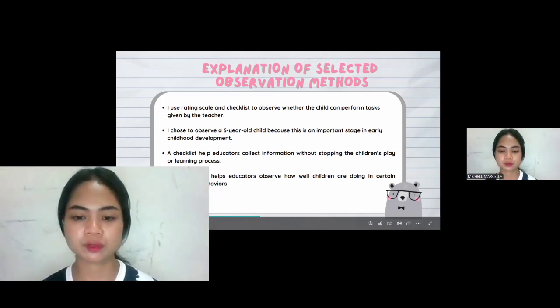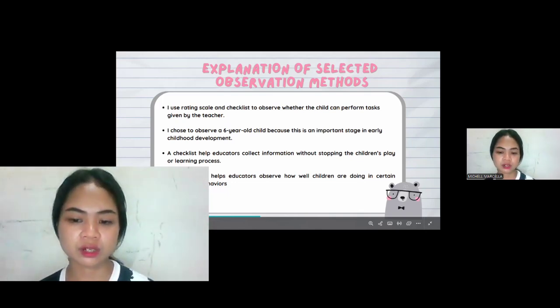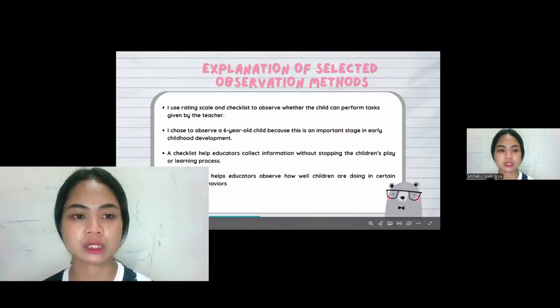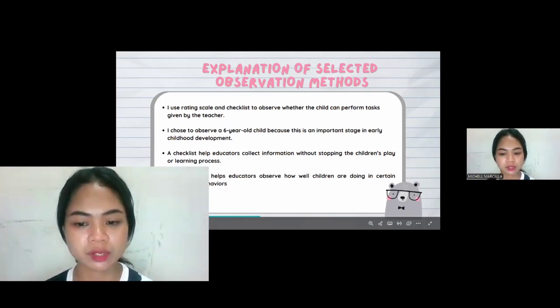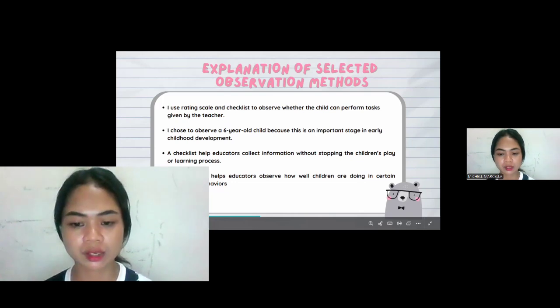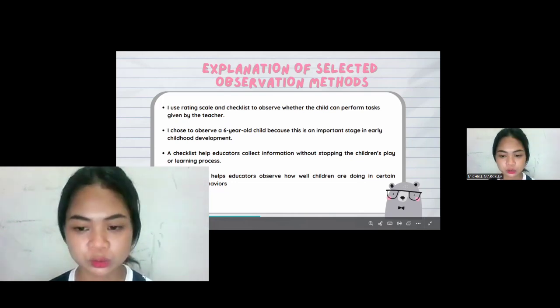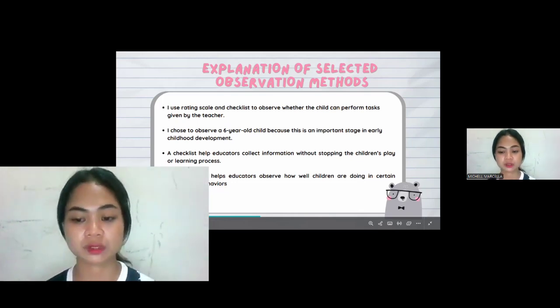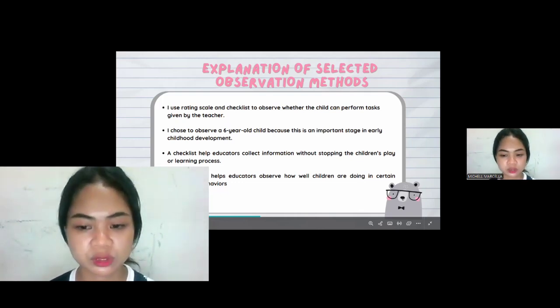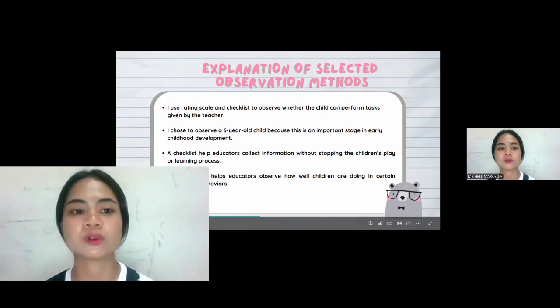Rating scales are commonly used in observations, surveys, assessments, and evaluation to provide a standardized way to measure and compare individuals' response and or performance.